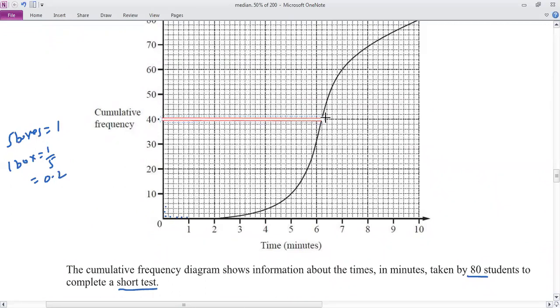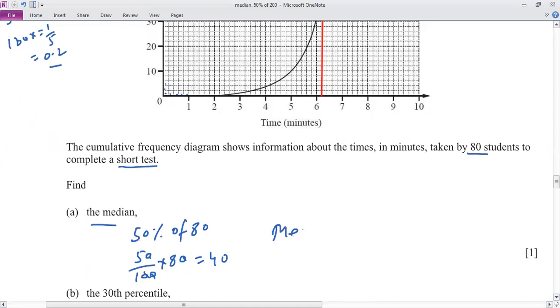Where it touches the curve, you have to come down. That is 6, and one box is 0.2, so 6.2. So the median time is 6.2. Because for the median we don't take the cumulative side, we take the other side. First we take 50% of cumulative, then from there draw the line until it touches the horizontal side. That will be the median.